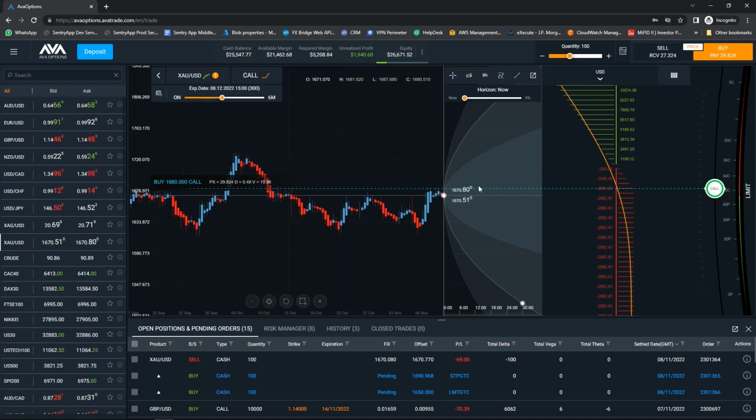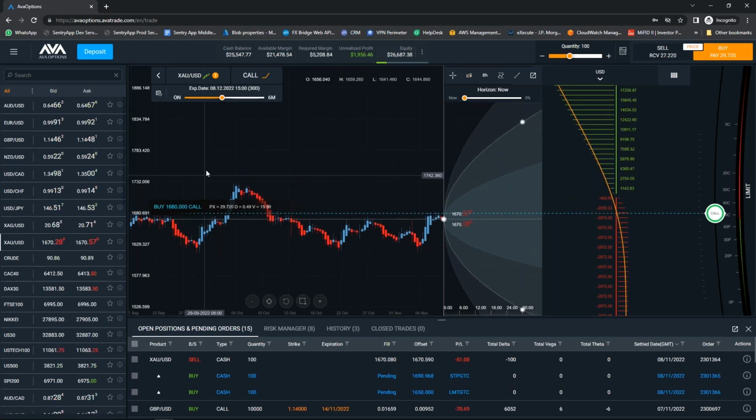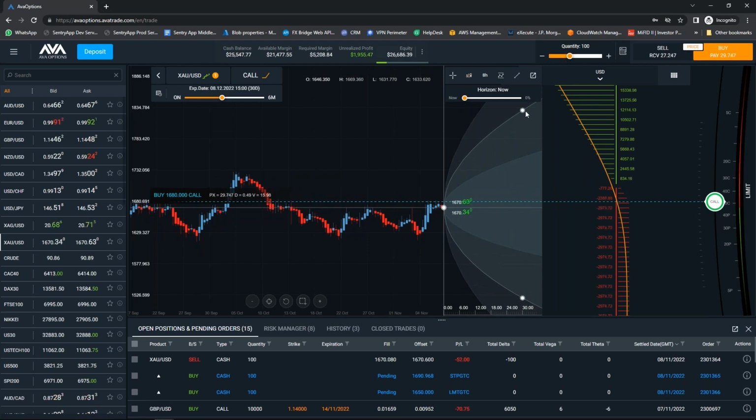So the light gray in the center is plus and minus 1 standard deviation, and the white line with these 2 white dots is 2 standard deviations. So we can say we're 95% confident the market is going to be between about 1830 and 1520. It's a fairly wide range, but that's what the volatility is telling us.